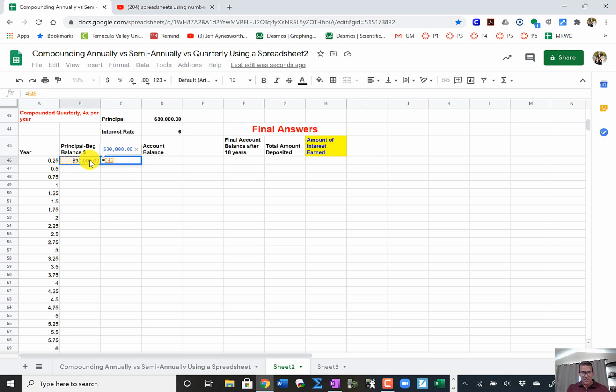That's times. I'm going to put the interest rate in parentheses just to make a point. Now where's the interest rate? Well, it's right up here in D44. So you can type in D44 or you can just click on it. But remember, I need this to be constant. If you don't include the dollar signs, dollar sign D, dollar sign 44, then the interest rate's going to change depending on how you copy paste the formula.